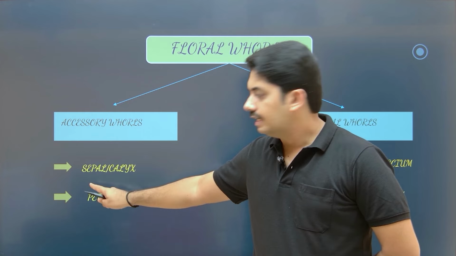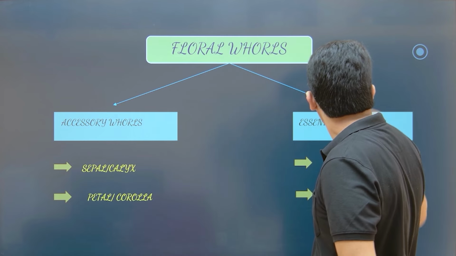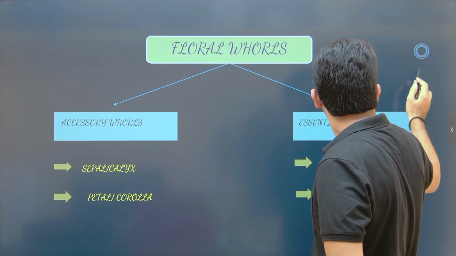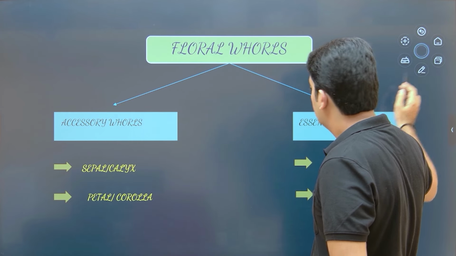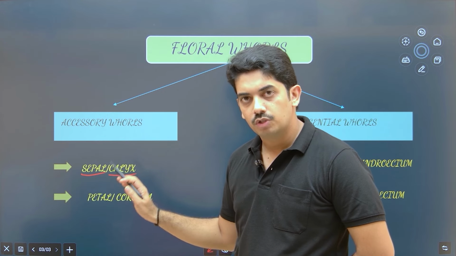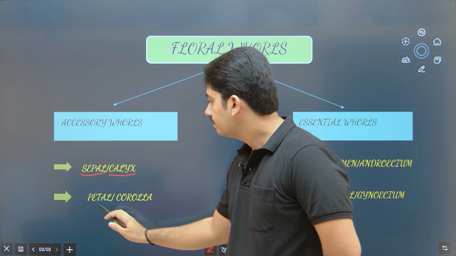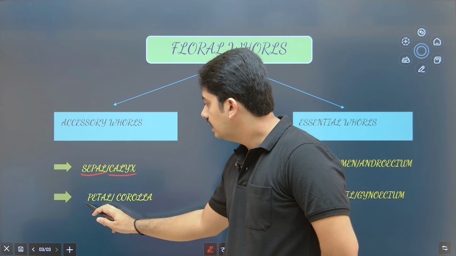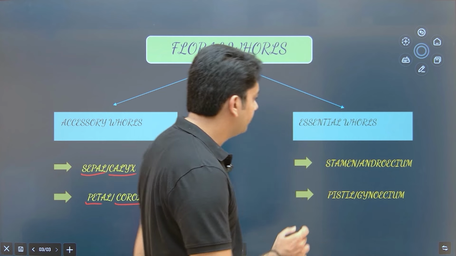Accessory whorls are sepal, and in taxonomy we use the term calyx, which is the outermost, green in color, and inner to that petal is present, which is the common word we use to represent the colorful part of the flower, and corolla is the term commonly used in taxonomy.